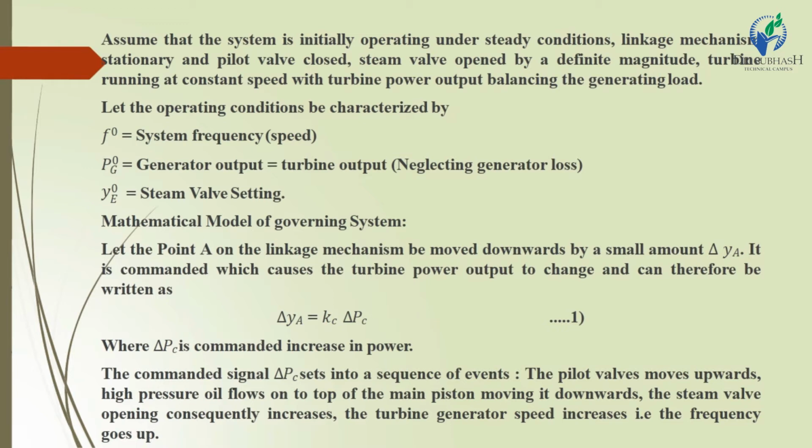The command signal delta Pc sets into motion the following sequence of events. The pilot valve moves upward, higher pressure oil flows on the top of the main piston moving it downwards. The steam valve opens, admitting more steam. The turbine generator speed increases, so the frequency goes up.